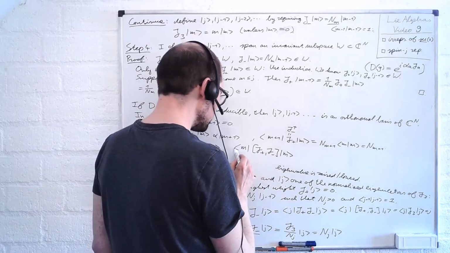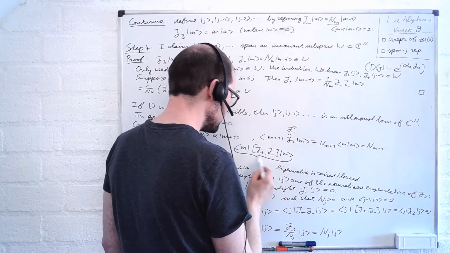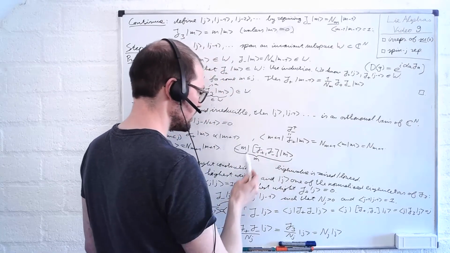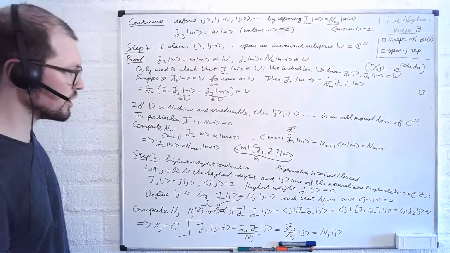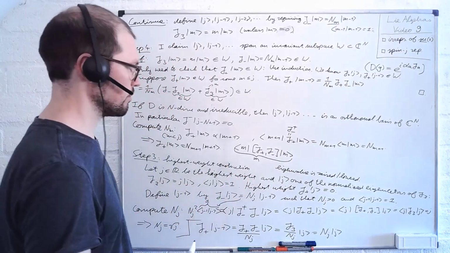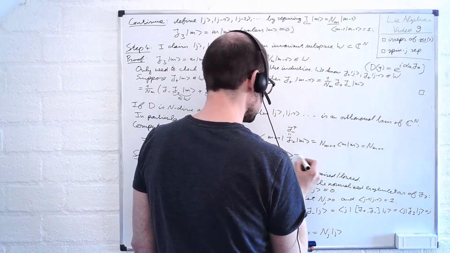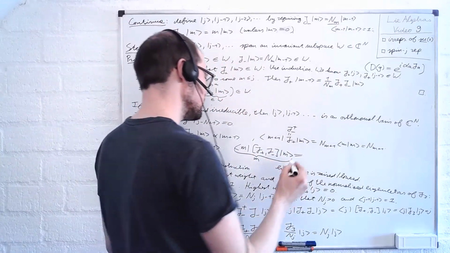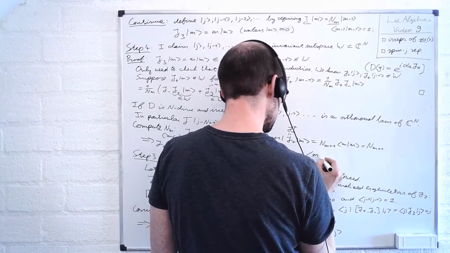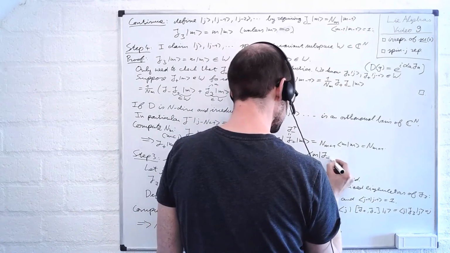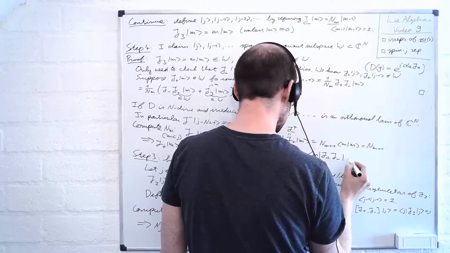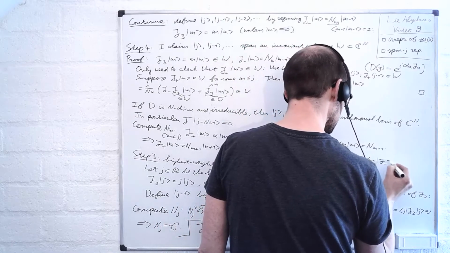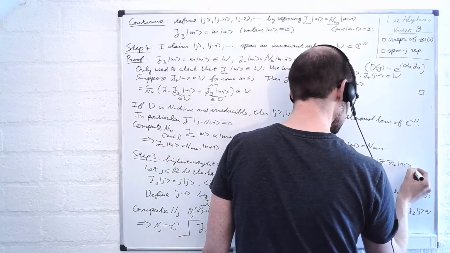So what we have here is really m, because m is a normalized eigenvector of eigenvalue m. But I can also write this commutator out into the two terms. So I get that this is m j plus j minus m minus m j minus j plus m.